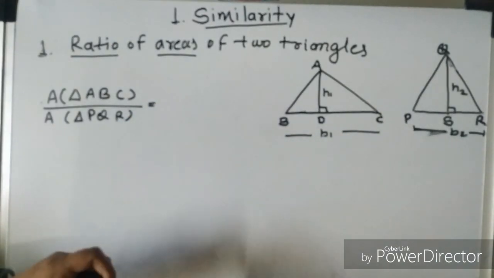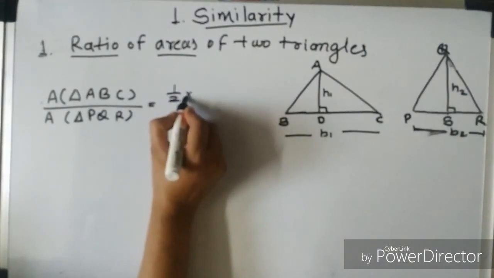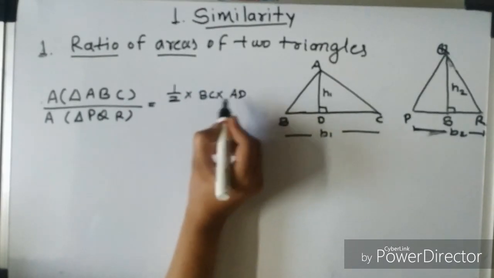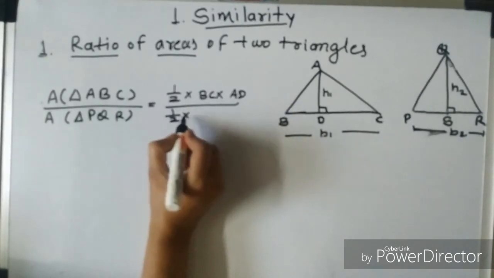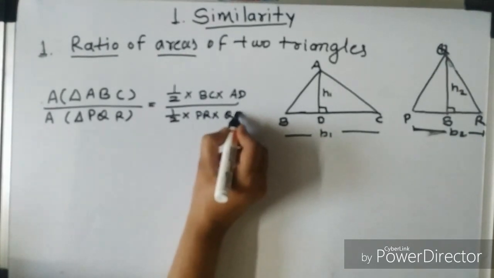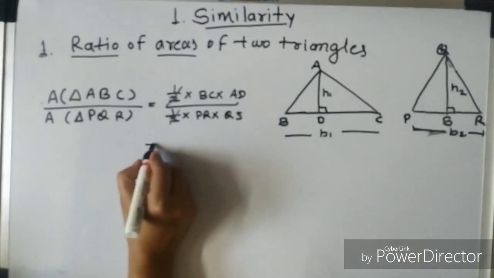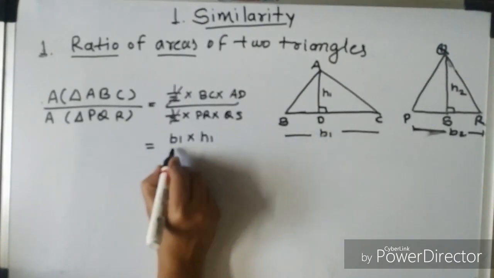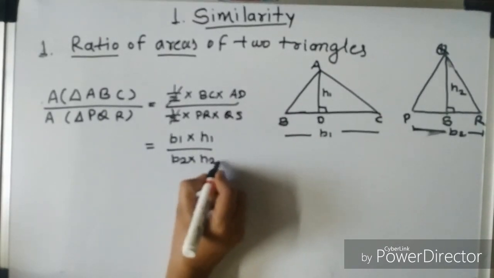According to the formula of the area of a triangle, 1 by 2 base into height, that is 1 by 2 into the base of the first triangle BC into its height AD, and for the second triangle 1 by 2 into the base PR and its height QS. In the ratio, 1 by 2 gets cancelled and we get BC, the base of the first triangle, into its height H1, and the base of the second triangle B2 into its height H2.